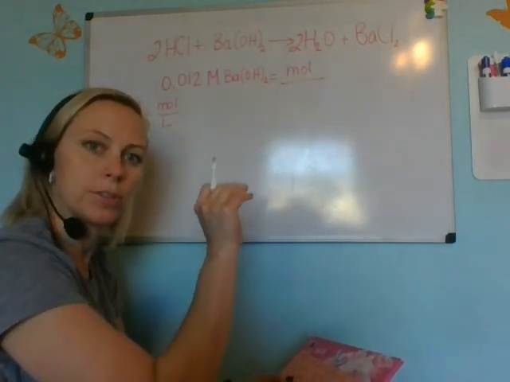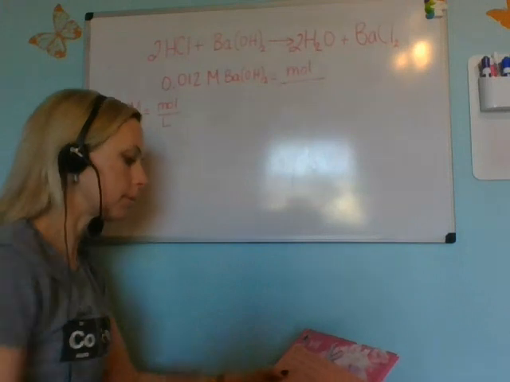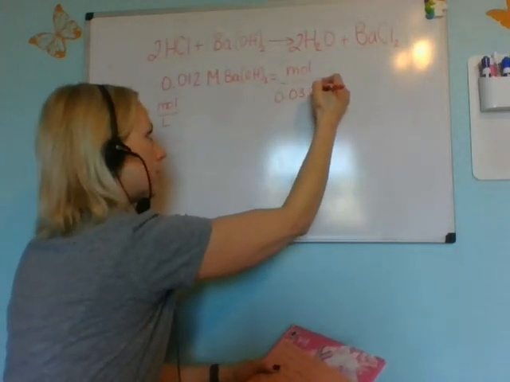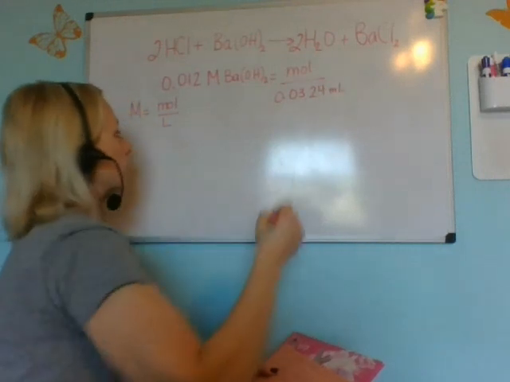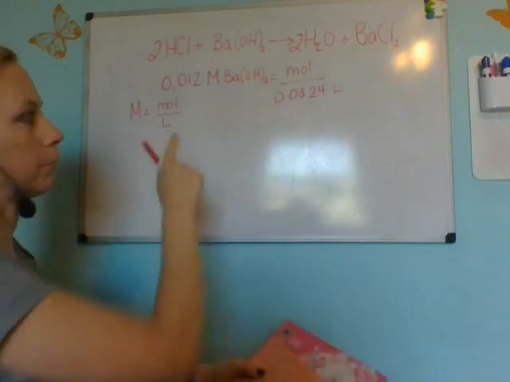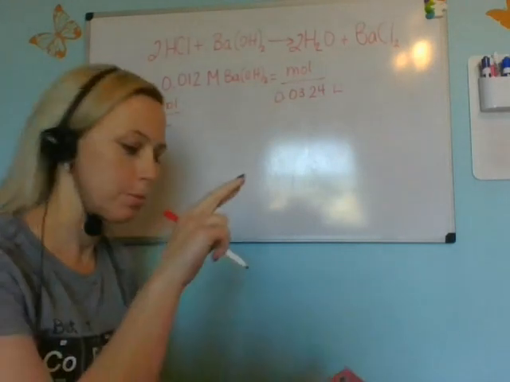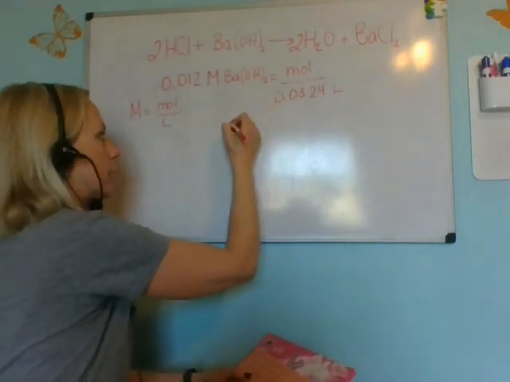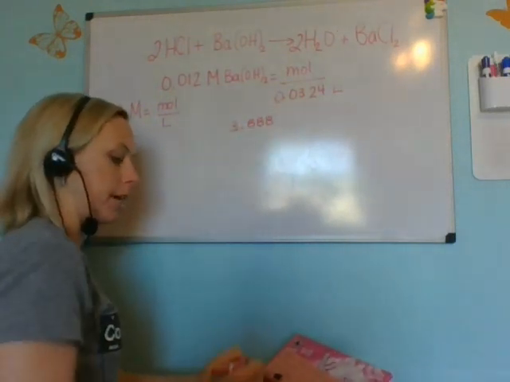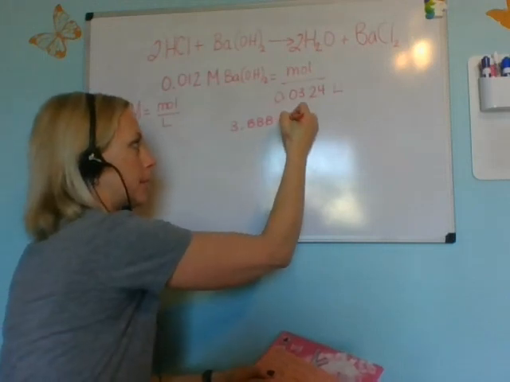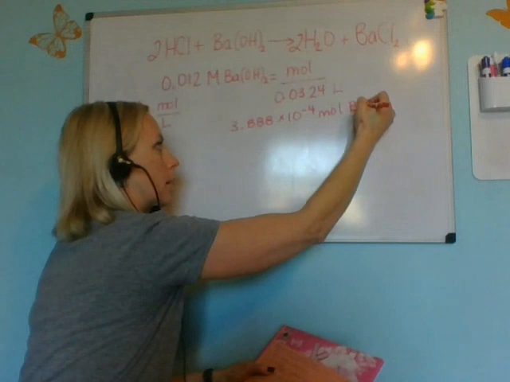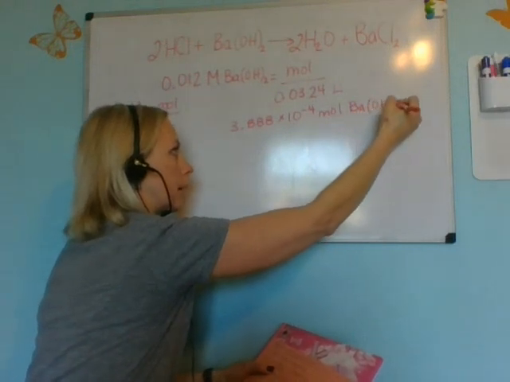So if we move the decimal point over, that would give us 0.324. Math-wise, we would just multiply those two numbers, and we would get 3.888 times 10 to the -4th molar of barium hydroxide.